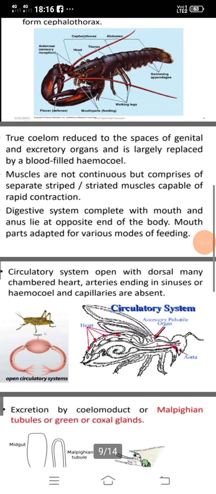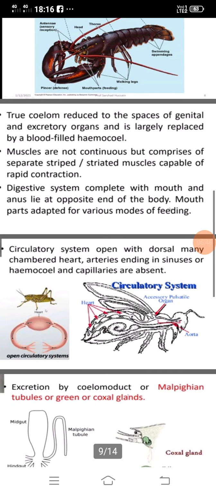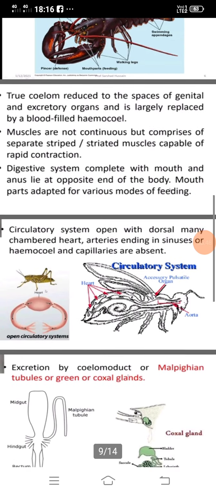The next is muscles are non-continuous but comprise separate striped or striated muscles capable of rapid contractions. You may not find the continuous layer of muscles you have seen in previous phyla also.